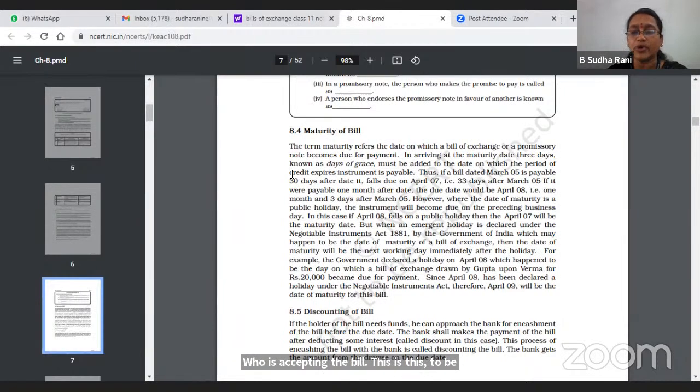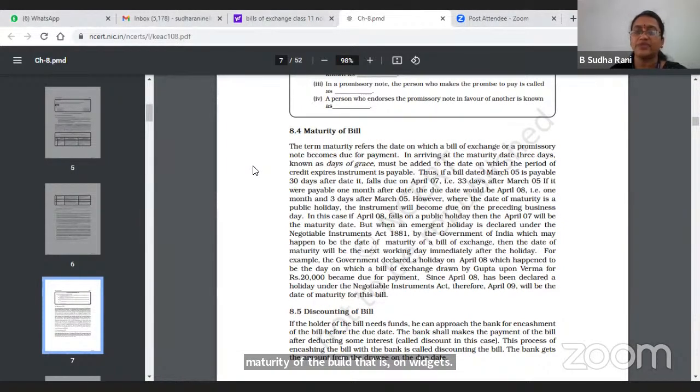The second point to remember is that you are supposed to identify the date of the term of the bill. Generally, the bill can be drawn for 2 months or 3 months or 4 months. So from the date of the bill, 3 months gives the maturity of the bill, that is, the date on which the bill is going to mature.